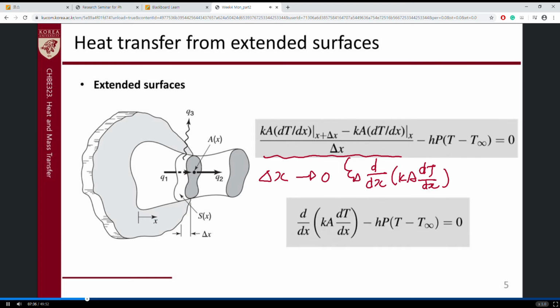So the final equation can go like that. This is the general equation that we are interested in. Okay, so all the equations will start from this equation.